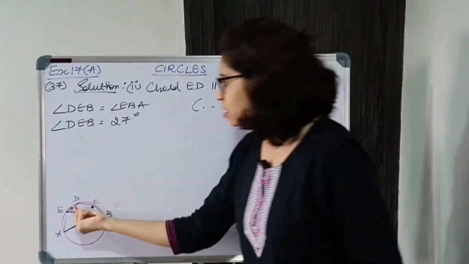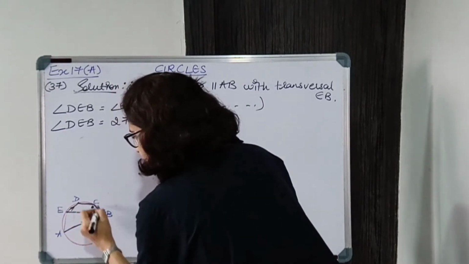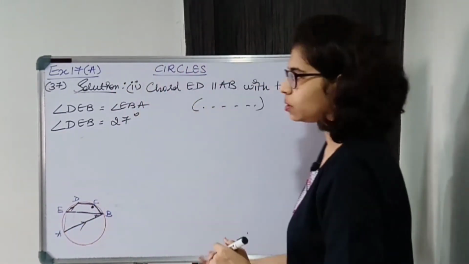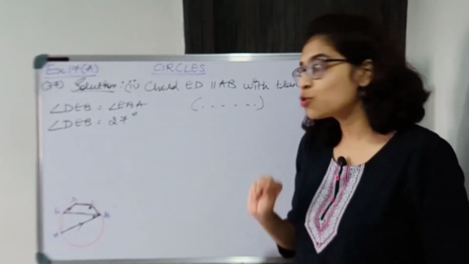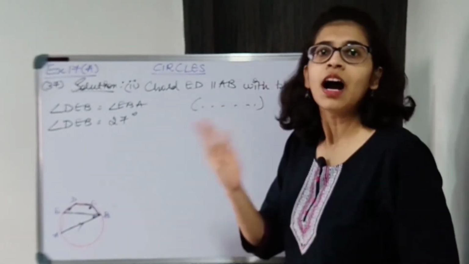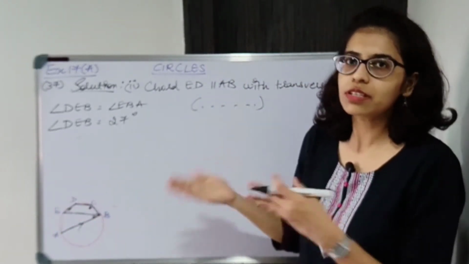Now we'll consider this quadrilateral. अब ये quadrilateral पे focus करो. BCDE, ये quadrilateral. Now we are not given that this quadrilateral is cyclic quadrilateral, so we have to prove that this is cyclic. How? All the vertices are lying on the circumference of the circle, therefore this is a cyclic quadrilateral.